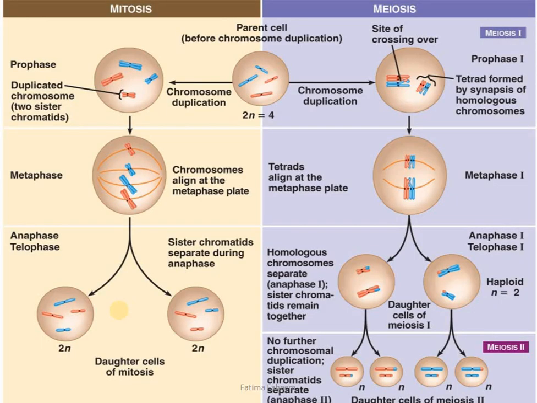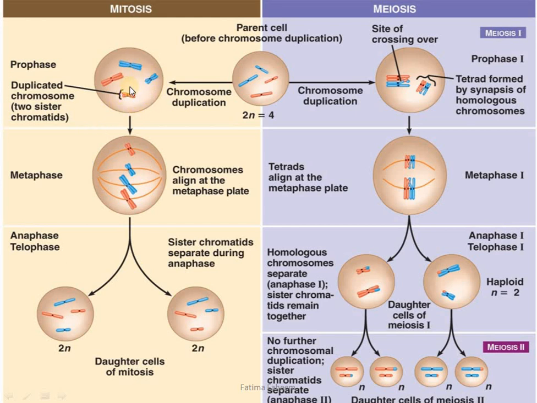This is the comparison between mitosis and meiosis. I have provided you with the handout in the class. Mitosis is happening here, where you can see that the parent cell is dividing into two daughter cells, but the number of chromosomes is exactly the same as it was in the parent cell.